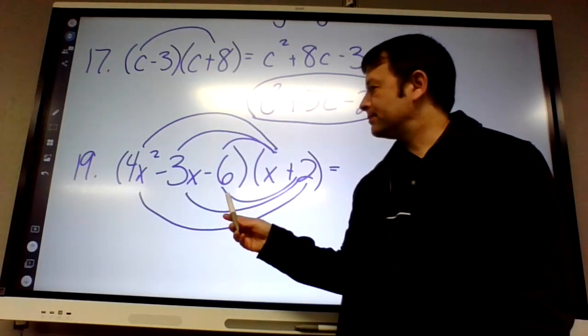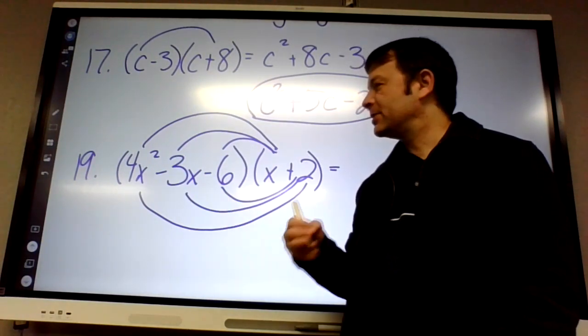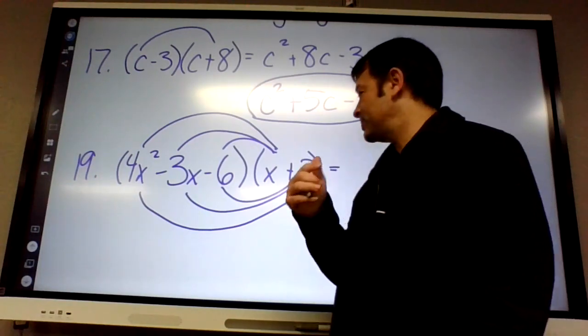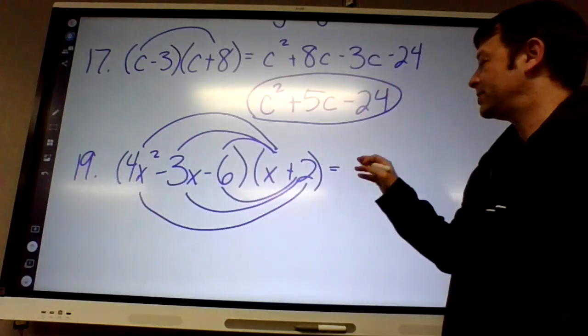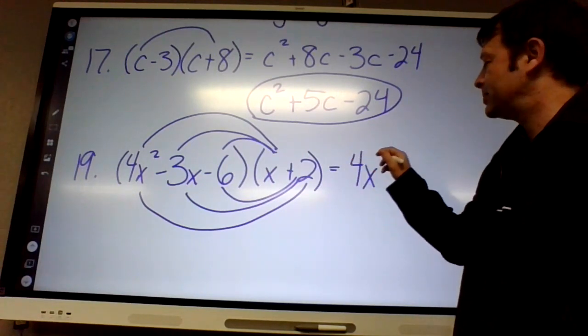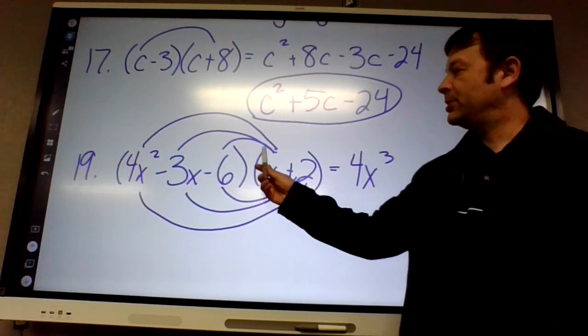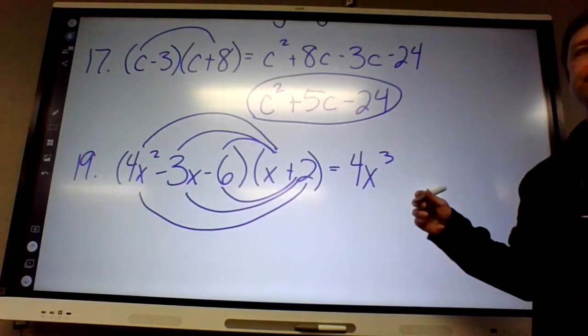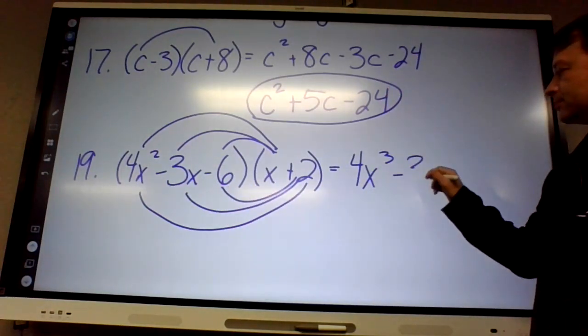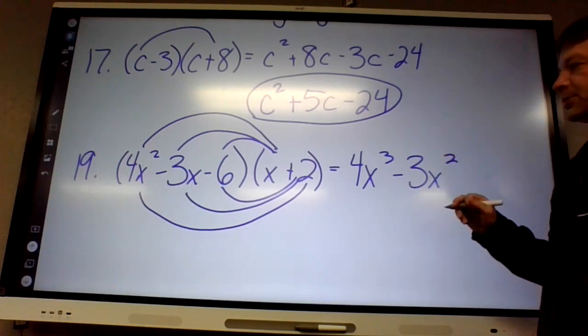Number 17. I was going to say something, but I don't remember. Hopefully it wasn't important. Okay, so you kind of already said the first one, though. 4x squared times x is 4x cubed. So we just keep multiplying by x here. What's negative 3x times x? X squared.